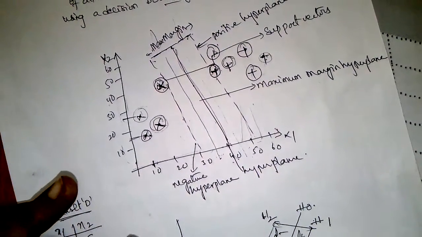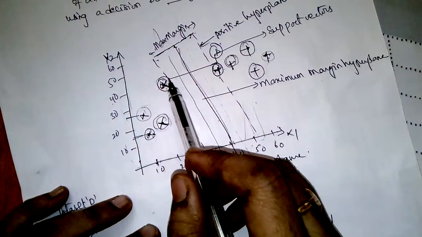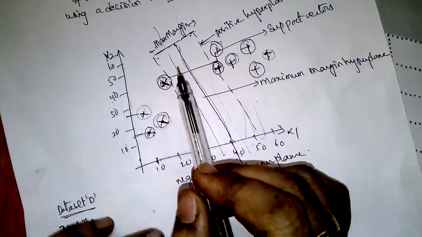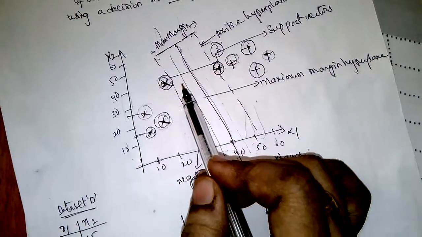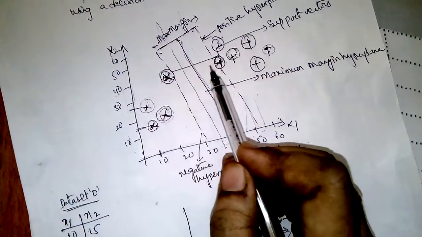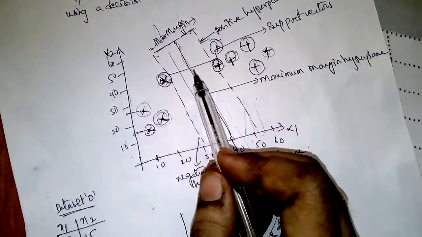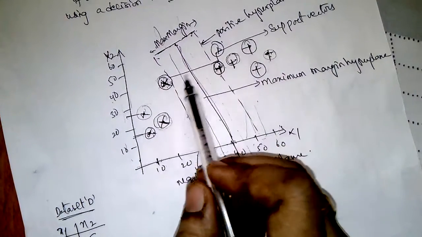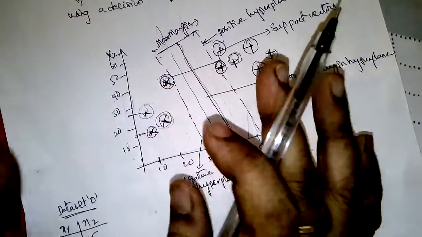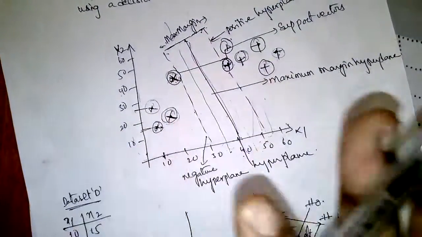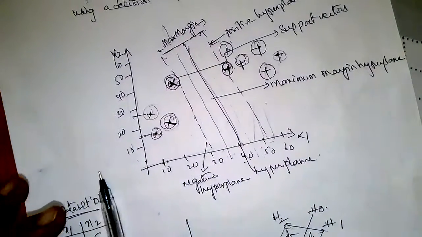Whereas support vectors are data points or vectors of the training data which lie closest to the hyperplane. By using these support vectors only, we make a decision function to find the best hyperplane. Okay, this is the introduction of support vector machine and its representation.